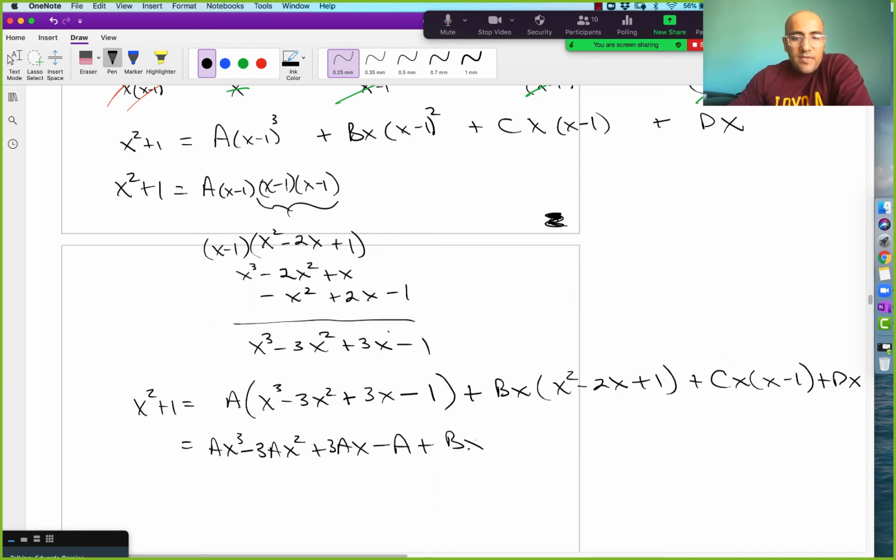plus bx cubed minus 2bx squared plus bx, right, distributing this, I get these, this one, and this one. And then the cx gets distributed, and we end up with cx squared minus cx plus dx. Good.